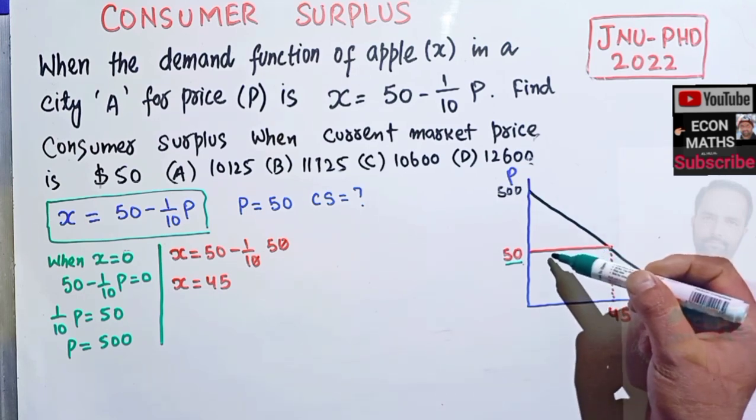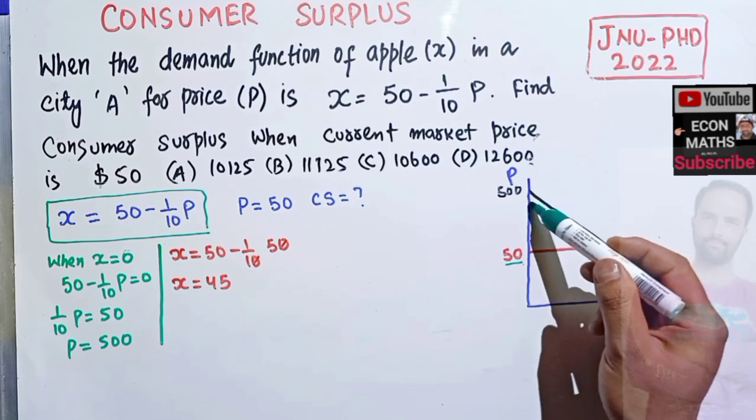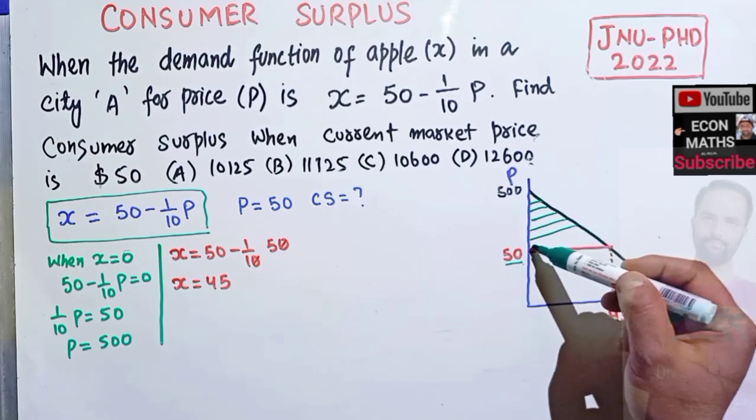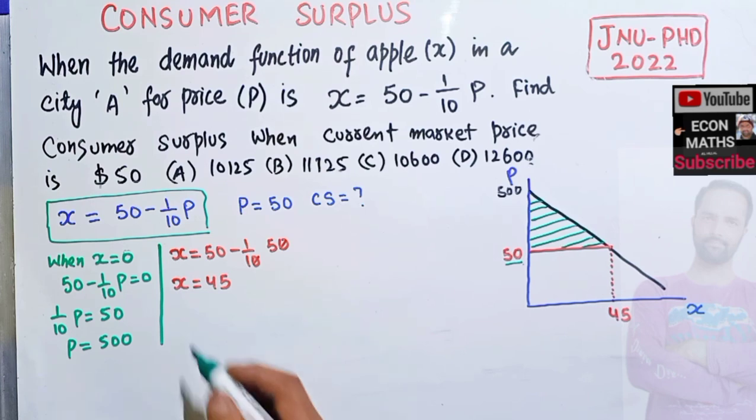The area above the equilibrium price or market price and below the demand curve gives us the consumer surplus. That means we need to find the area of this right angle triangle, and our consumer surplus will be equal to the area of this very triangle.